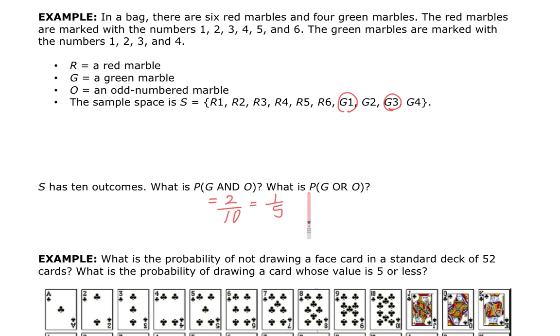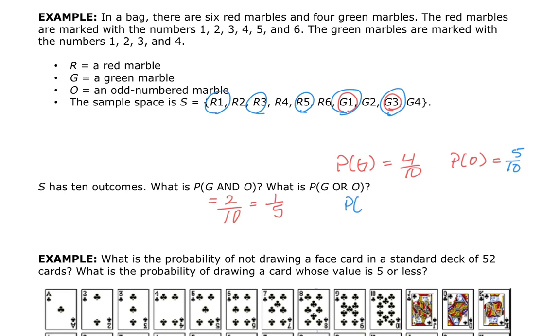Now, I want to know what is the probability of green or odd. So I'm going to do the probability of green first. The probability of green is going to be 4 out of 10. The probability of odd is going to be, well, my odd is red 1, red 3, red 5, green 1, and green 3. So the probability of odd is 5 out of 10.